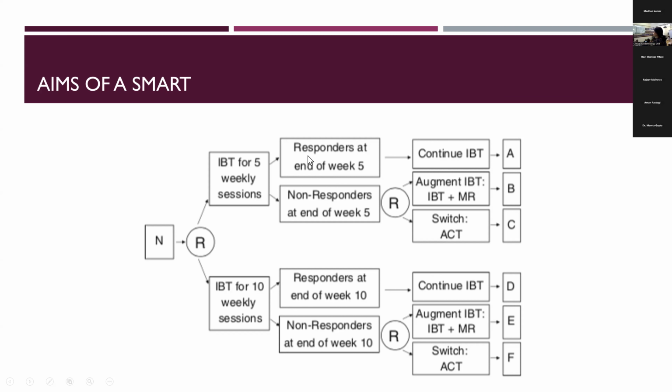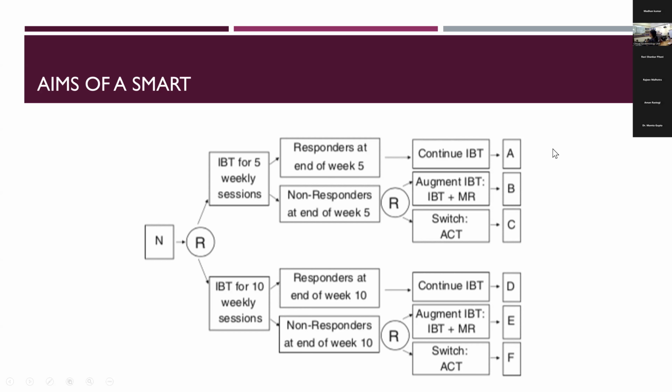Then they looked at responders at the end of week 5 by some amount of weight loss from baseline weight. The responders will continue IBT. The non-responders alone they randomized. They randomized them either to behavioral therapy plus meal replacement or this counseling therapy. Similarly, the people who got the long IBT, they gave them either to continue the behavioral therapy or you augment the IBT, meaning make it more frequent with meal replacement, or you switch to ACT.